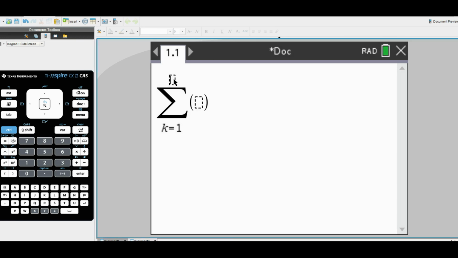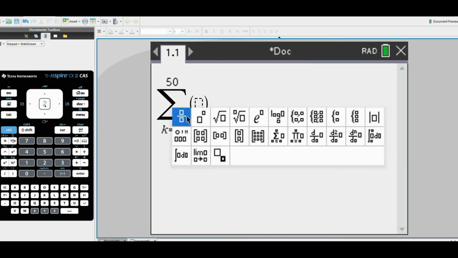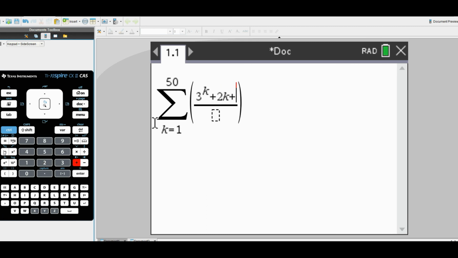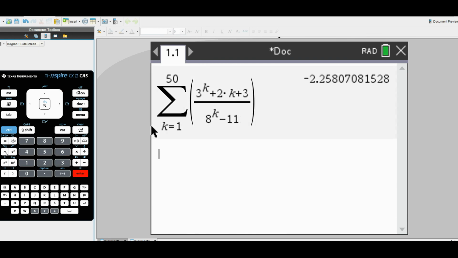No, we're just going to go up to 50. May not be able to do it going up to infinity. And of course our directions were to approximate this by summing up the first 50 terms. And the denominator 8 to the k minus 11. All right, and so that's what I got there.